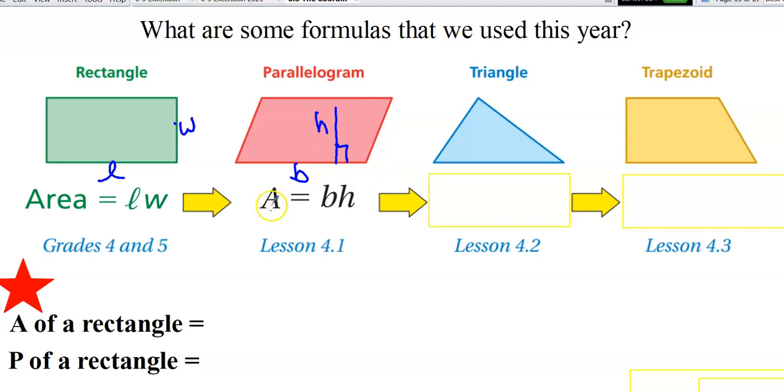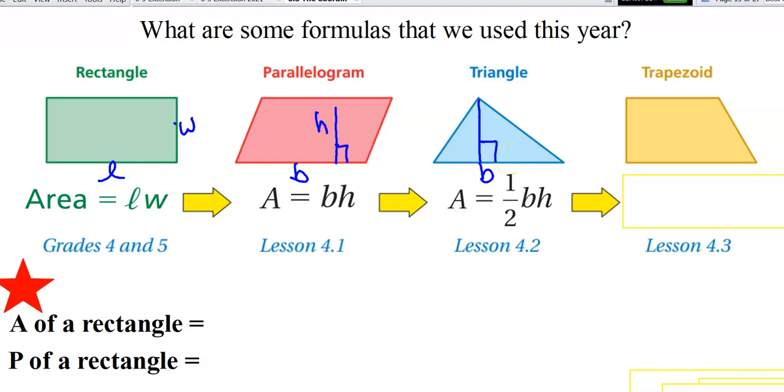So area of a parallelogram is base times height. And then remember, a triangle is half of a rectangle or a parallelogram. So the formula is base times height divided by 2, or 1/2 base height. And in this picture, this would be the base, and the height is the distance that goes straight from the top and is perpendicular.